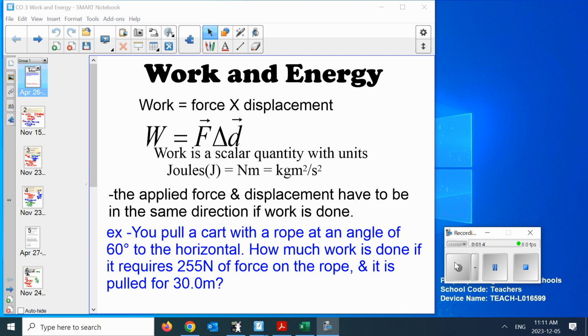So, it's a vector cross product. And I won't get into what cross product really means here. As long as you just take care of it. In university, if you choose to take engineering or physics, you'll understand cross products better. Work, W, we use that. That one makes sense. And you understand force and displacement.